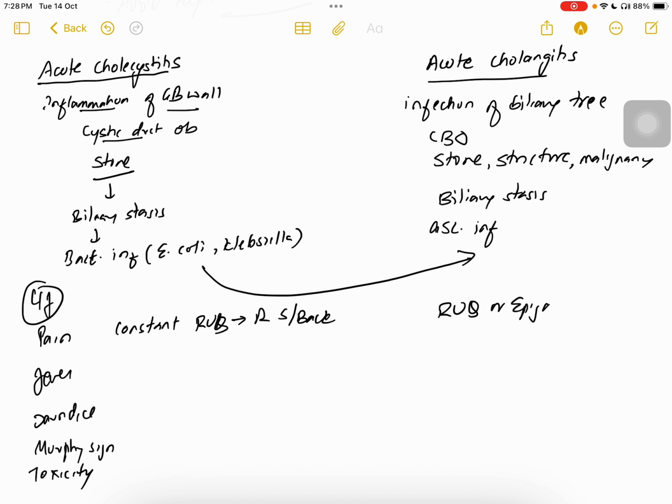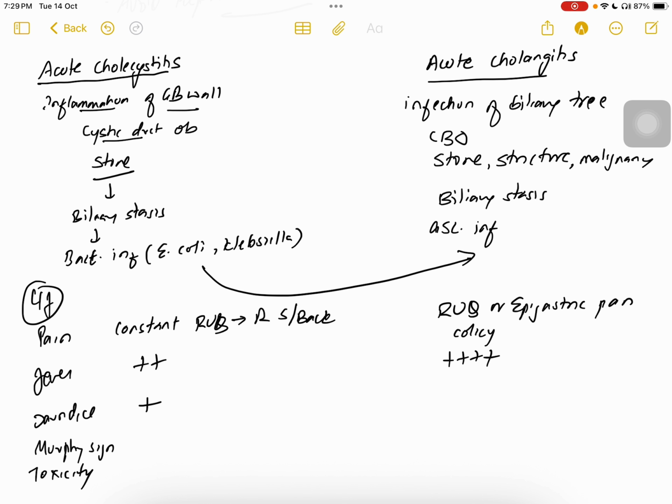which is mostly colicky before infection sets in. Fever is common in cholecystitis, while in acute cholangitis there is very high grade, picket fence like fever with chills and rigors.